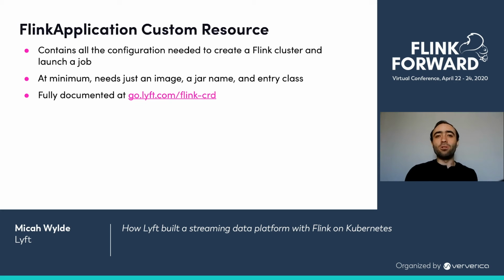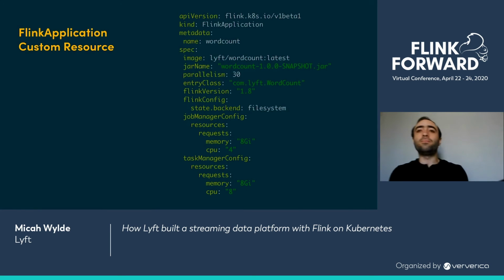At minimum, this is pretty simple. You just need an image, a jar name, and an entry class. But we support the full spectrum of Flink configuration as well. So it looks like this in the very simple case. You have a straightforward word count application. Every Kubernetes resource has a handful of common fields. You have a kind, which in this case is Flink application.